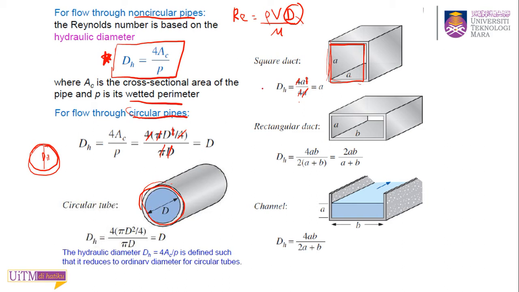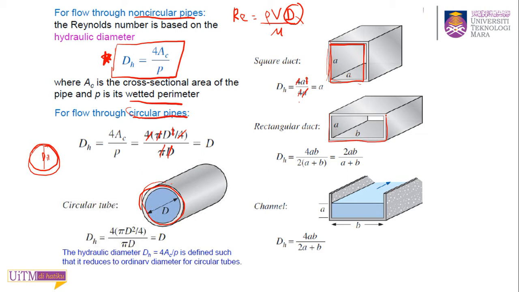But for a rectangular duct, you find it again with the same equation: 4 times the area. In this rectangular duct, the width and the height are not the same, so the area is A times B. So 4 times A times B divided by the perimeter.